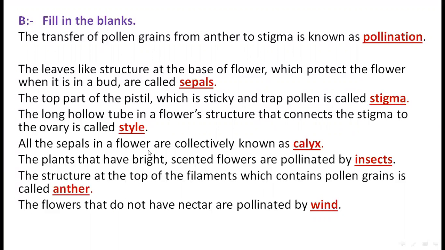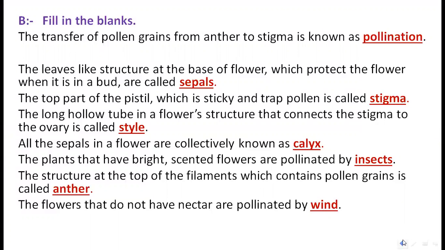All the sepals in a flower are collectively known as the calyx. The plants that have bright, scented flowers are pollinated by insects. The structure at the top of the filament which contains pollen grain is called the anther. The flowers that do not have nectar are pollinated by wind.